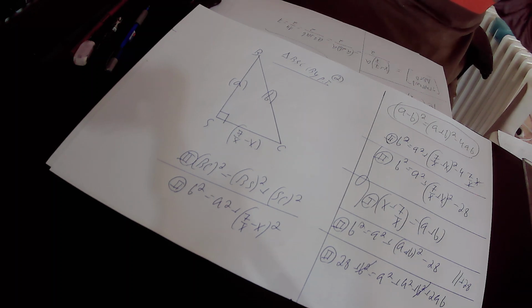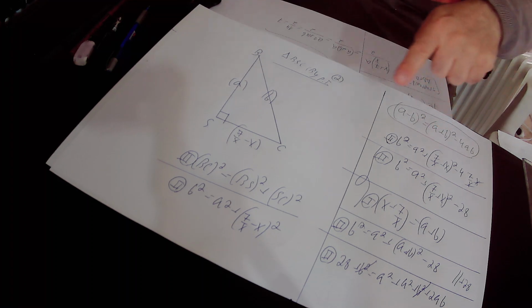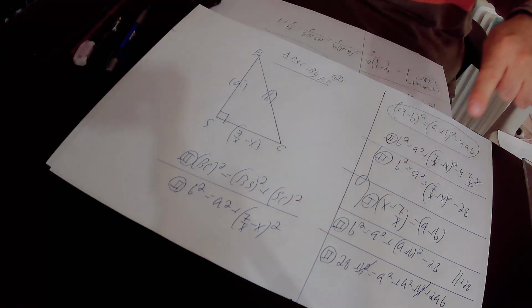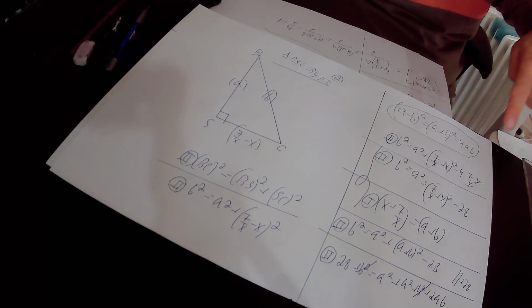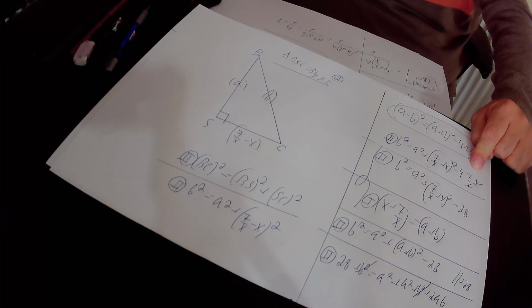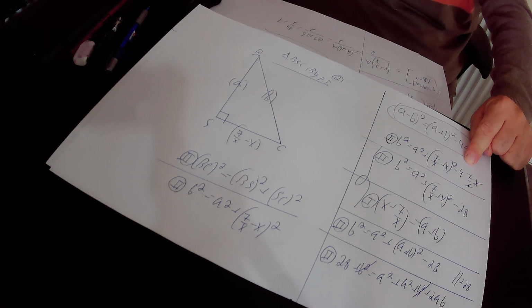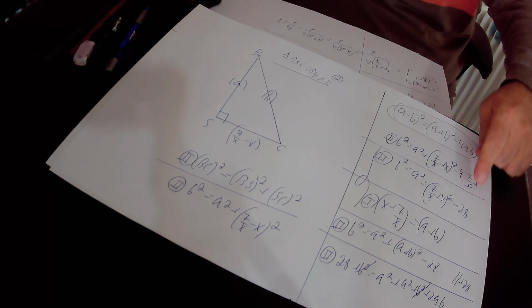According to equation 2, we found out that b squared equals a squared plus 7 over x minus x squared, which, according to this algebraic identity, equals 7 over x plus x squared minus 4 times 7 over x times x. Here we have x in the numerator and x in the denominator, so x will get cancelled, and we are left only with minus 4 times 7, that is minus 28.